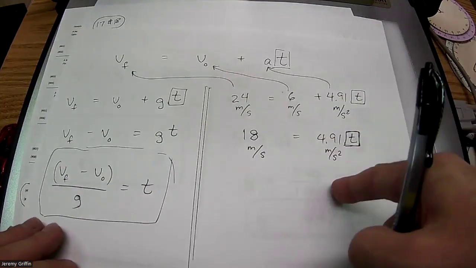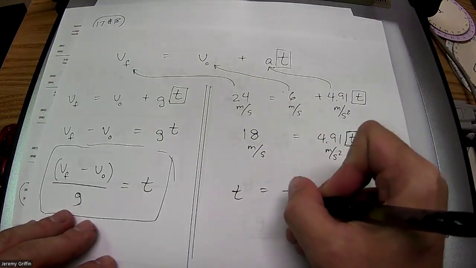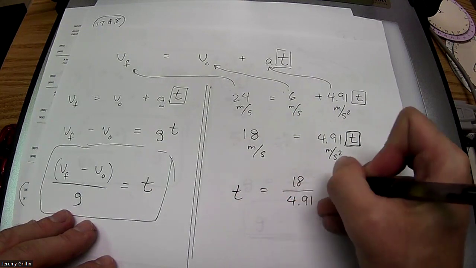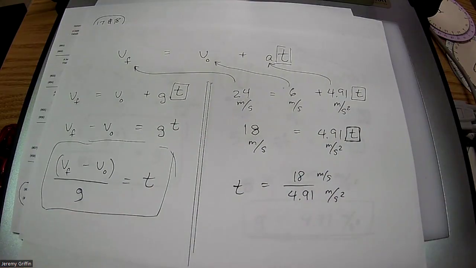And then over here, in terms of numbers, it's whatever that fraction is: 18 divided by 4.91. I've got meters per second here and meters per second squared here. Guys, do the meters cancel?